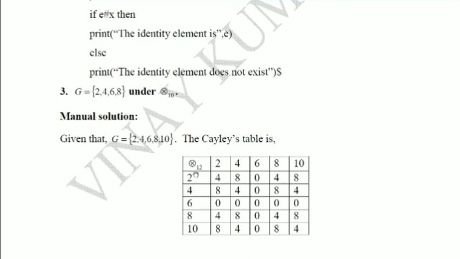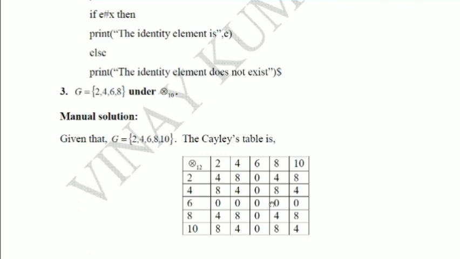See here, 4 into 4 is 4. So A into E is equal to A here. Here also A into E is equal to A. But for this element it is failing. There is no element which gives A into that element equal to 6 only.